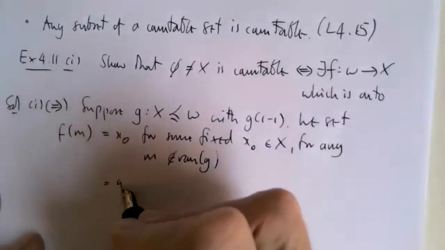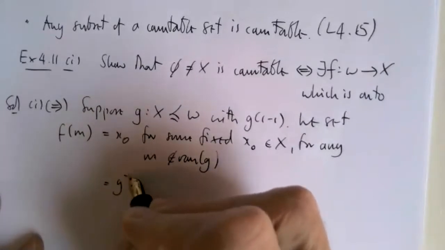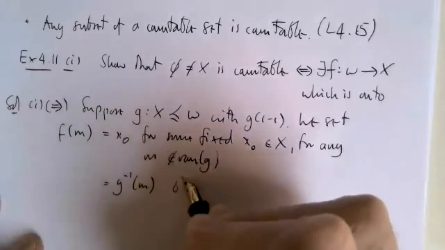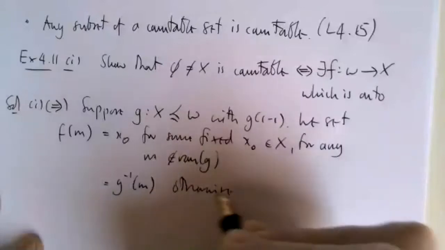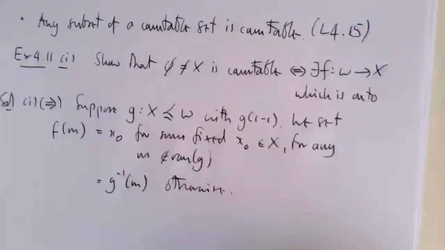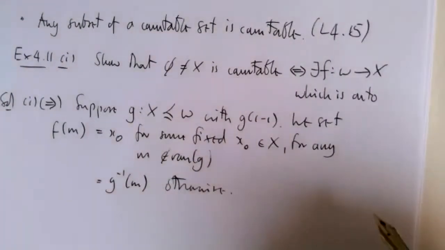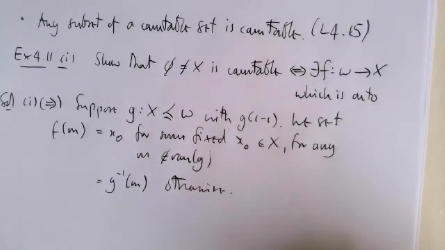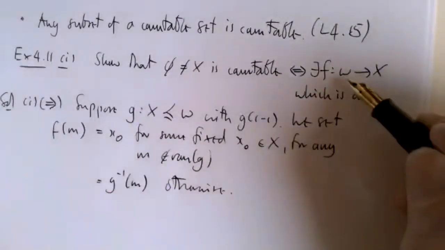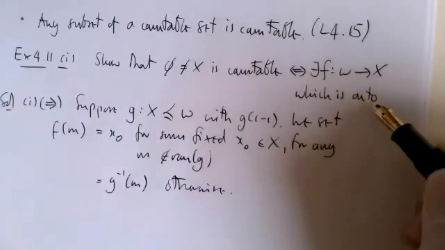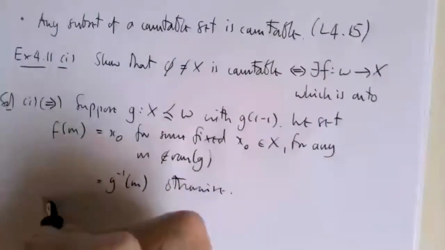And f of m would just be g to the minus 1 of m otherwise. Okay, so the f here doesn't have to be 1 to 1 or anything, just has to be onto, and that's what we've done.